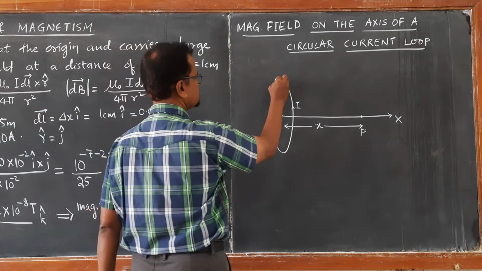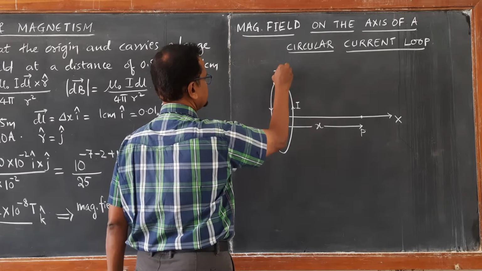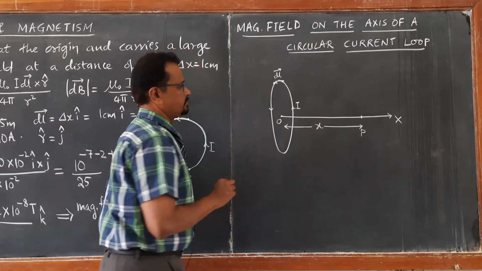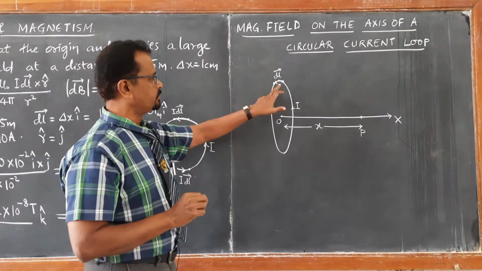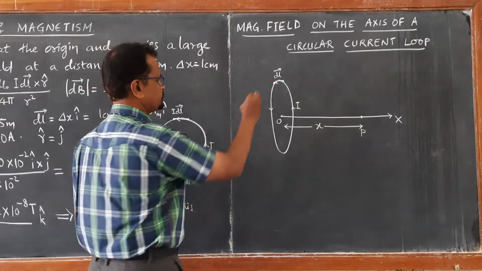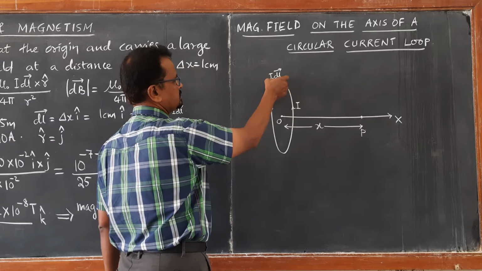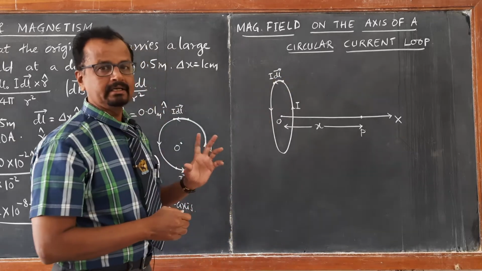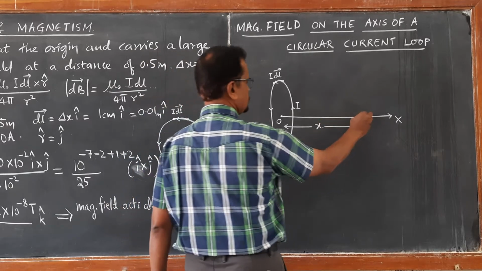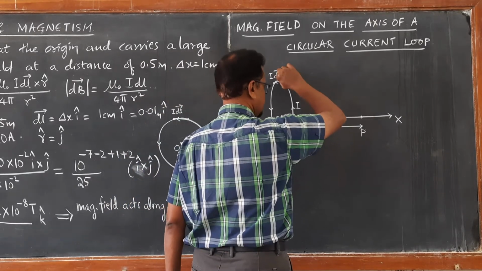So this gives us the dl vector, right? So we will find out what is the magnetic field due to this Idl vector. When the current passes through this small element, it is called the current element Idl vector. For this I should know the distance.